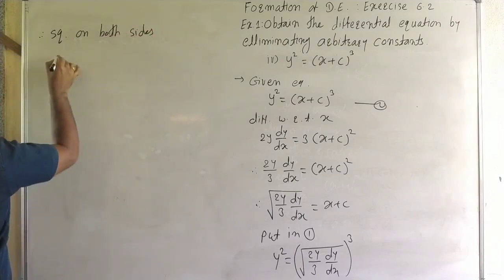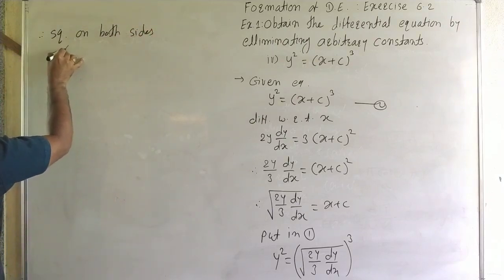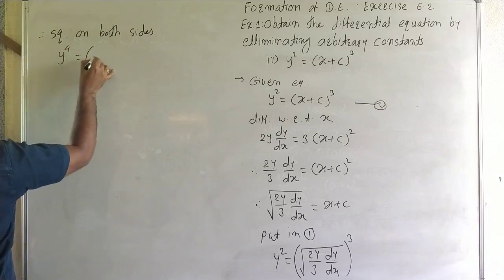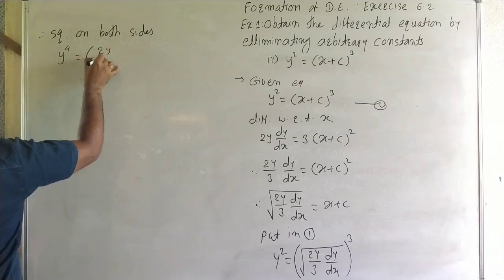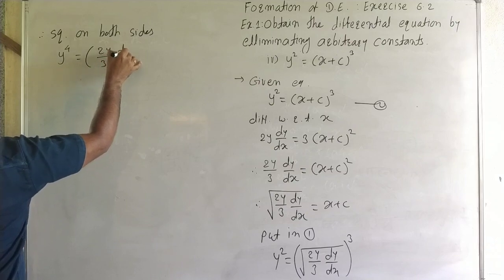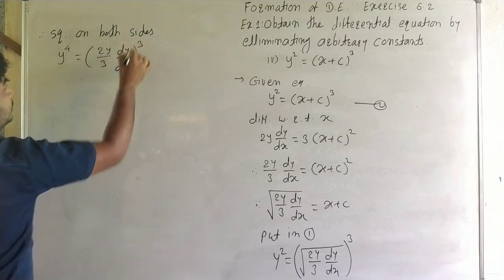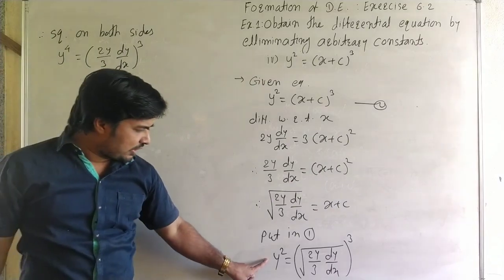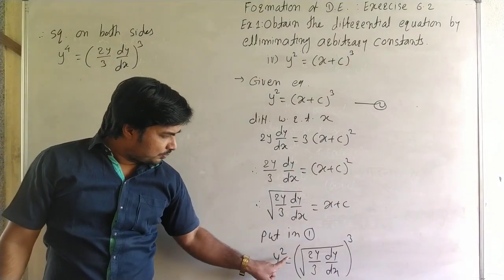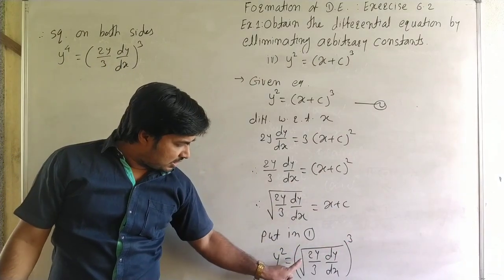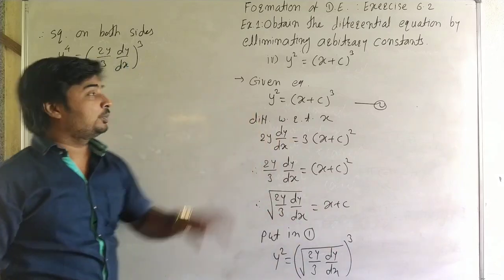Here y square becomes y to the power 4, and then here it is (2y by 3 dy by dx) cube. When we take the squaring on both sides, y square becomes y to the power 4, and when we take the square, the square root is removed, only the cube remains.